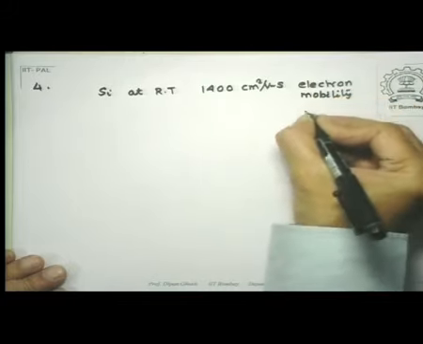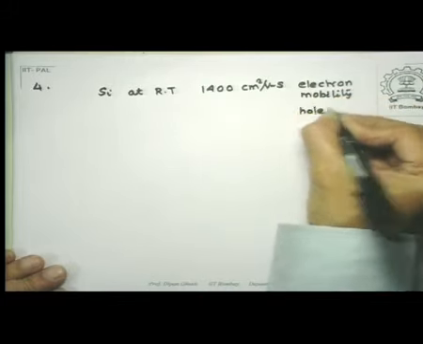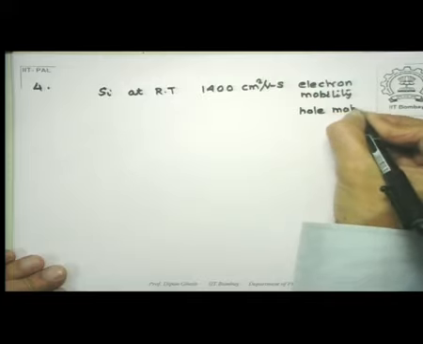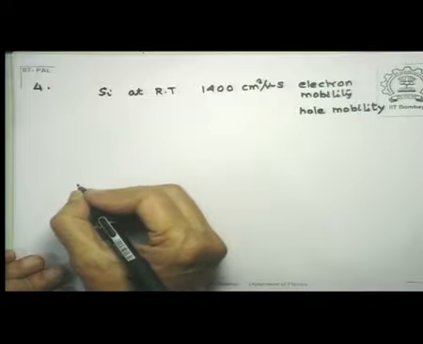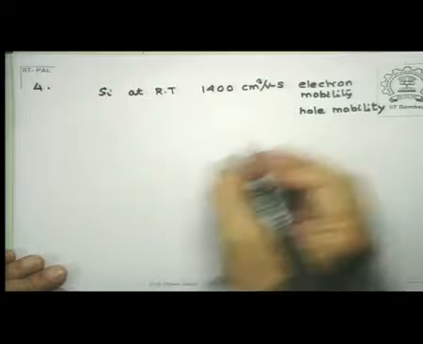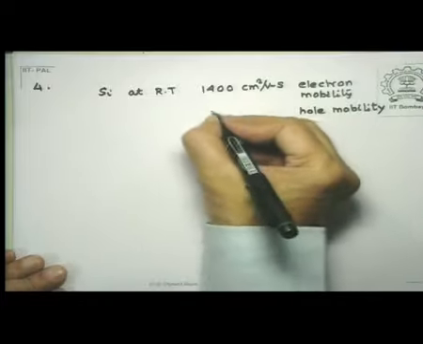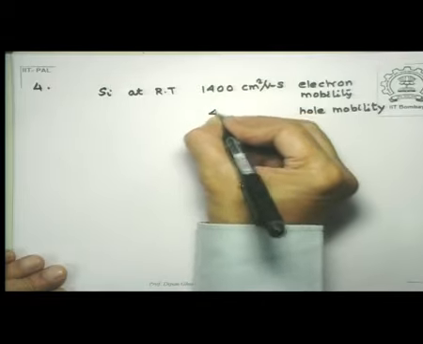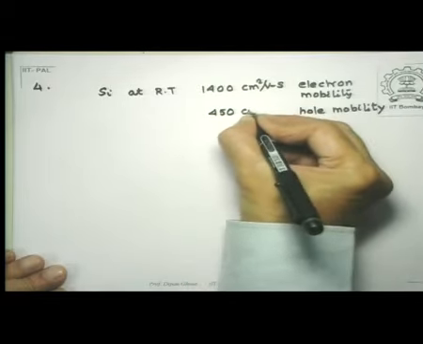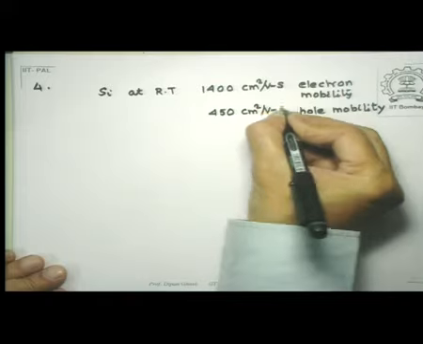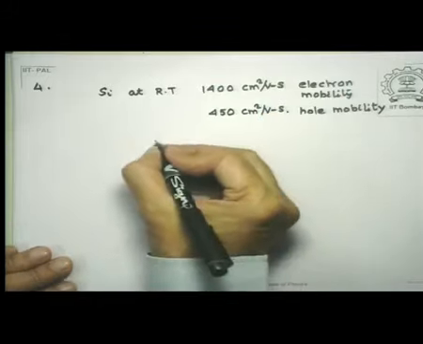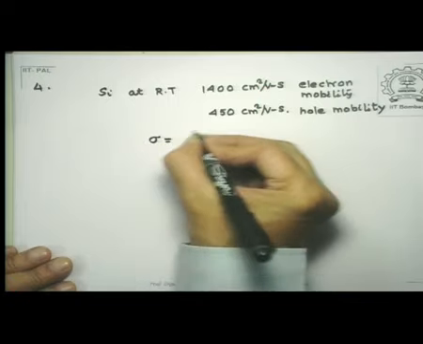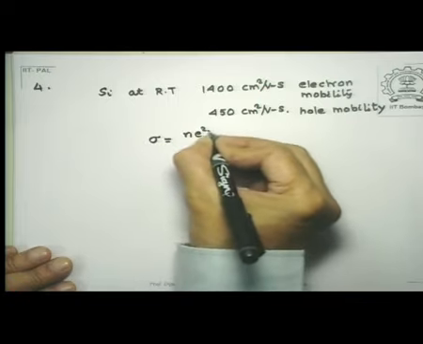And there is a thing called hole mobility, that is the mobility associated with the vacancies in a semiconductor, and for silicon that is about a third of this value, about 450 centimeter square per volt second. Now recall the sigma expression. So sigma was n e square tau over m.